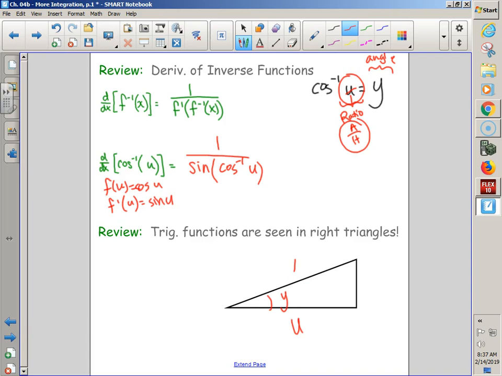Cosine inverse of u over, and we can put anything over 1. The numerator would be the adjacent, the denominator would be the hypotenuse to my angle. Wait, guys, in a right triangle, can I use what's here to solve for what's missing? A squared plus b squared is c squared. So c squared minus b squared is a squared. So this guy is the square root of 1 minus u squared.